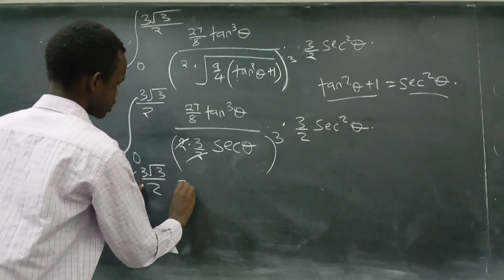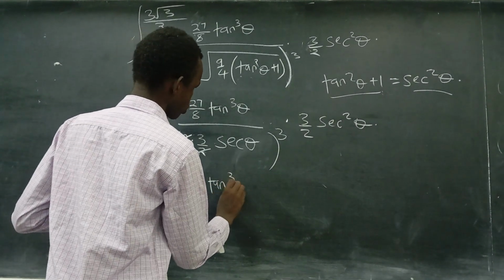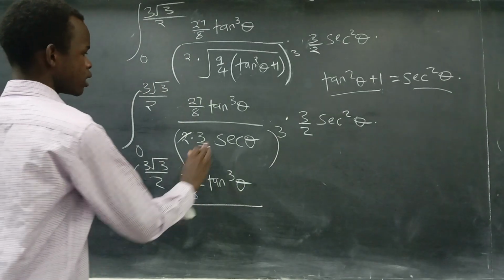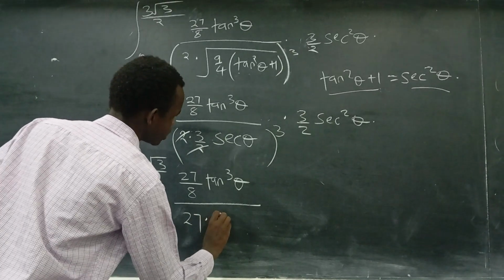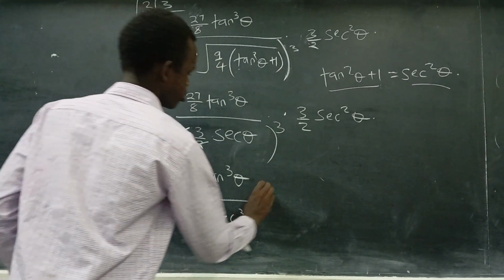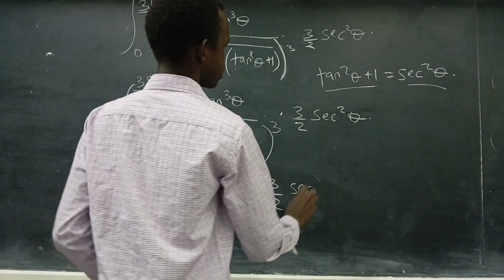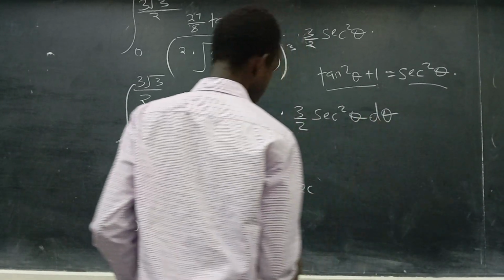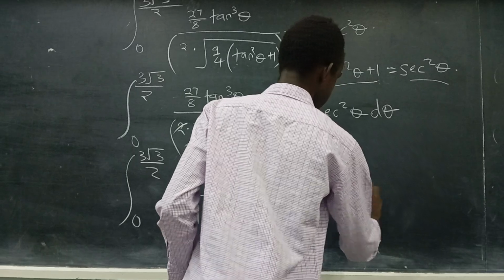So it will be 27 over 8 tan cubed of theta divided by the cube of this part, it will be 27. Okay, multiply by secant cubed of theta, multiply by 3 over 2 secant squared of theta d theta. Remember, it was d theta, remember?